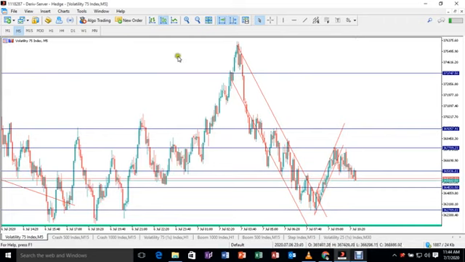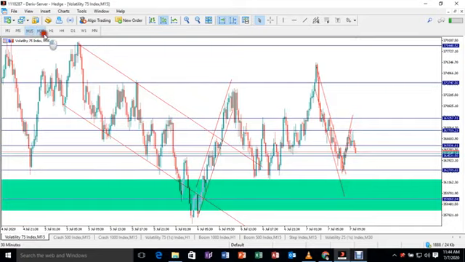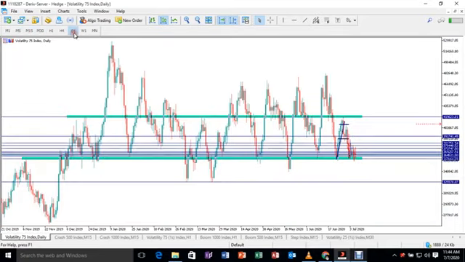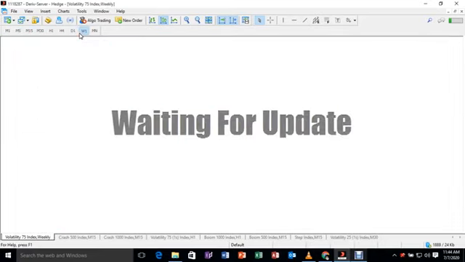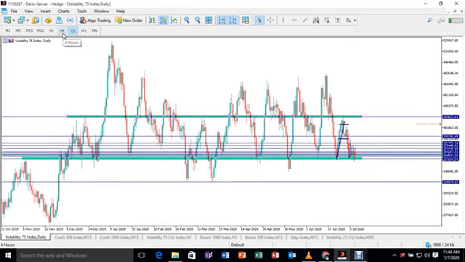It is one of the pairs I love to trade, and you can see how rough it looks right now on the chart. What is the meaning of all this? Everything will be simplified once you follow me to the end of this video.